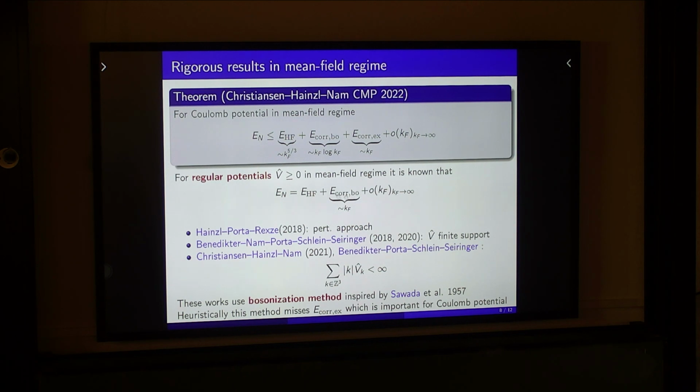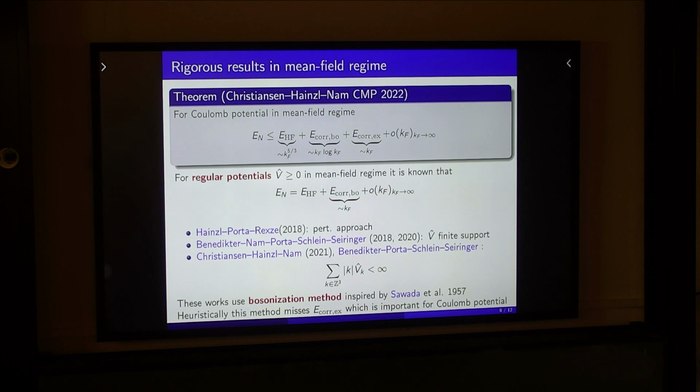So in a perturbative approach, where you take a nice potential and a small parameter in front, and basically only retain the quadratic term, this one I showed you here, we basically analyzed that together with Marcello and the former student Felix Rexel from Tübingen.